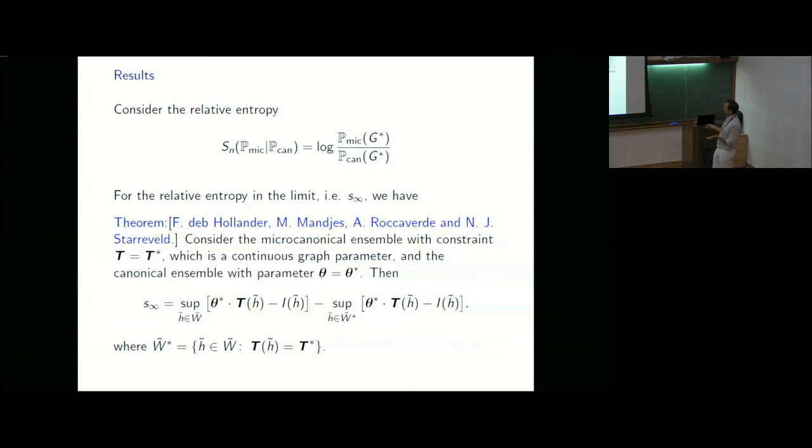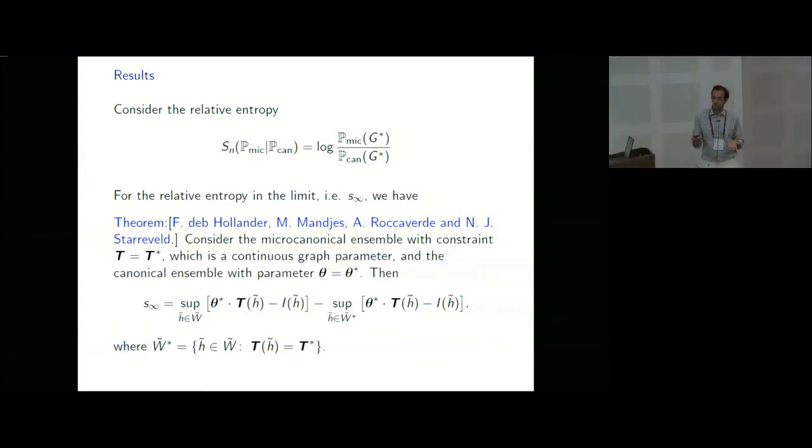And there's a way to see that if, for example, the optimizer of this first variational formula satisfies the constraints, then automatically you get 0 here, while this formula gives you a way to identify regions where this is positive or negative.